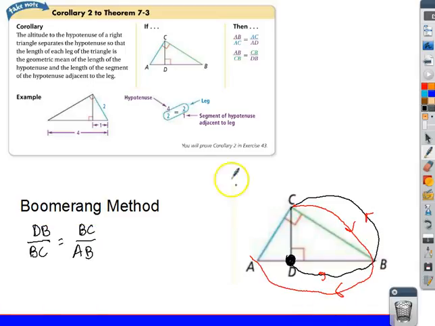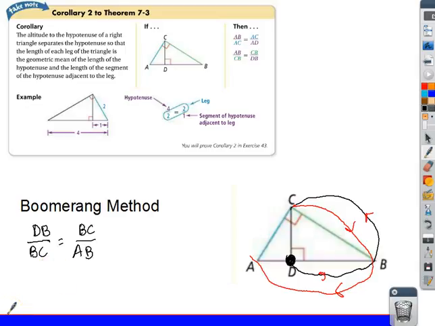And AB and BA is the same thing. Just as long as you have the two endpoints, it doesn't matter how you write it. So, out to B, over to C, back to B, back to A. That's the boomerang. And that is a correct proportion that goes with this corollary, because CB was the geometric mean. Notice that these two sides are the same side.